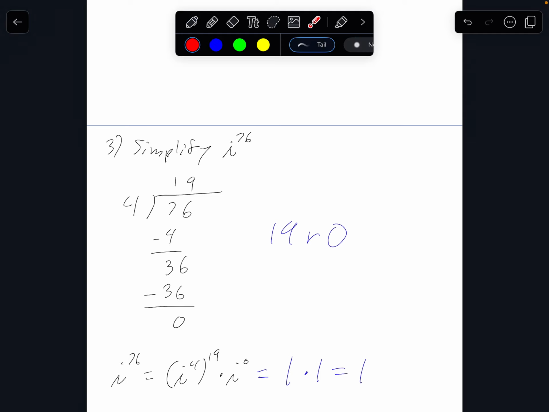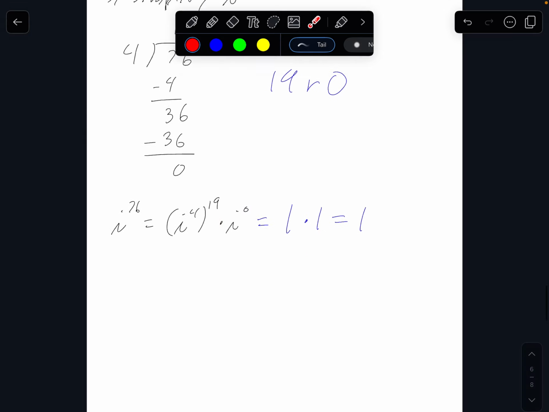Remember, i to the 4th is equal to 1, so that's 1 to the 19th power, which is equal to 1. And anything raised to the 0 power is equal to 1, including the imaginary number.